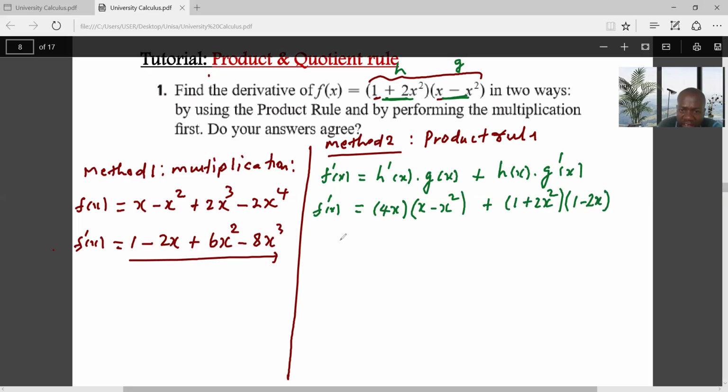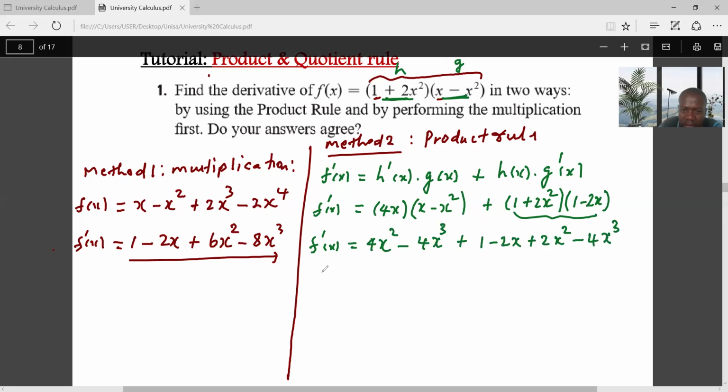So if we simplify this, this would be 4x squared minus 4x cubic plus, we can expand this, 1 minus 2x plus 2x squared minus 4x cubed.